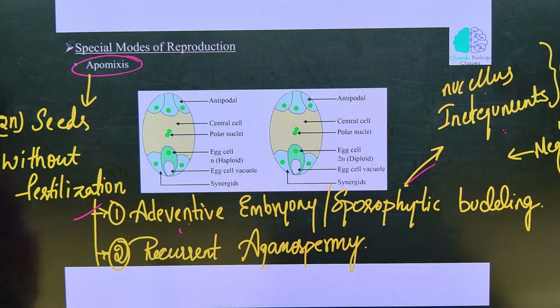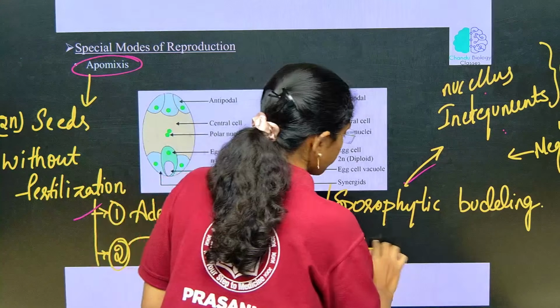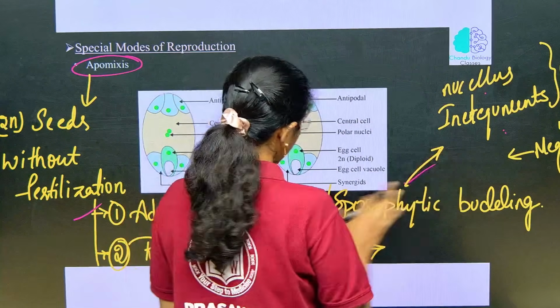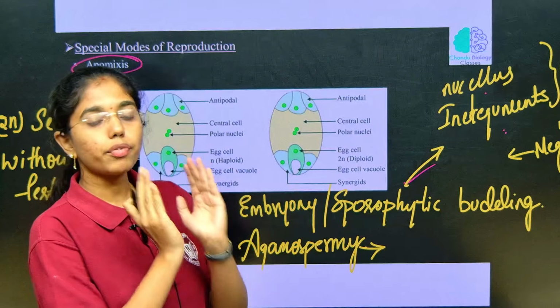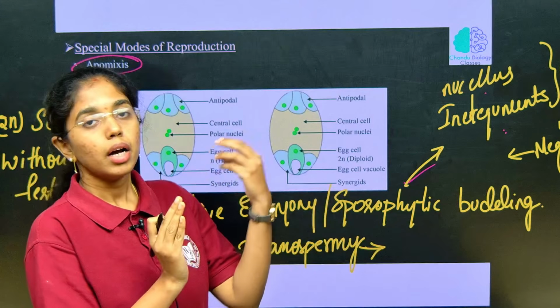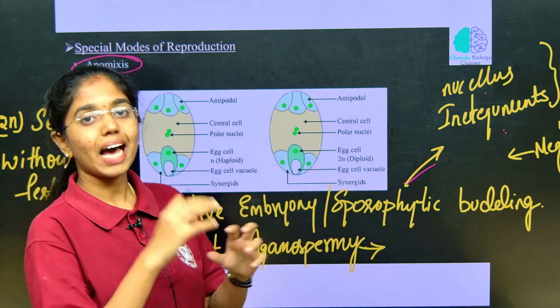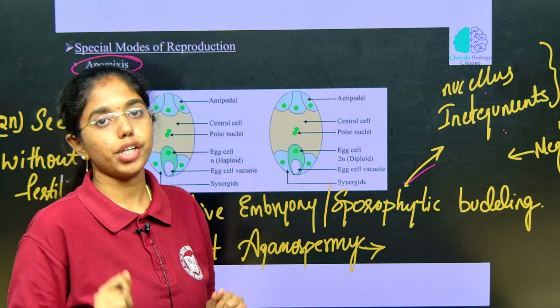Recurrent agamospermy. Here in sporophytic budding, what happens? Any of the sporophytic tissue like nucellus or the integument cells undergo budding and get differentiated into embryo.